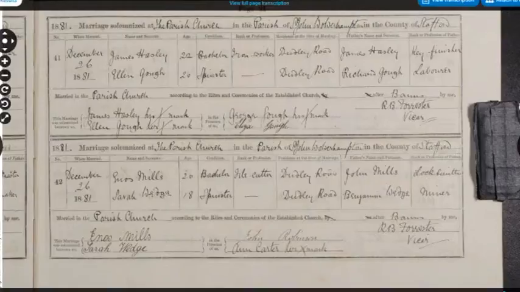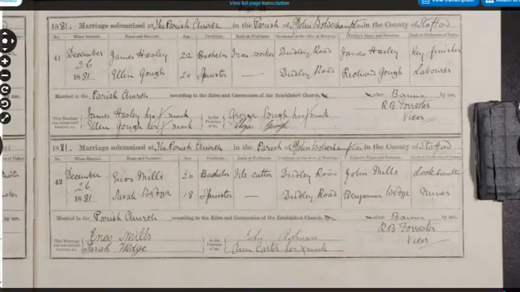It has happened to me that you'll find another member of your family getting married on the line below. It's not happened in this case, and although I don't recognise the names of the couple below, it is interesting that they all live in the same road, Dudley Road in Wolverhampton. So maybe they did say, let's all go off and get married today, and those two couples knew one another.